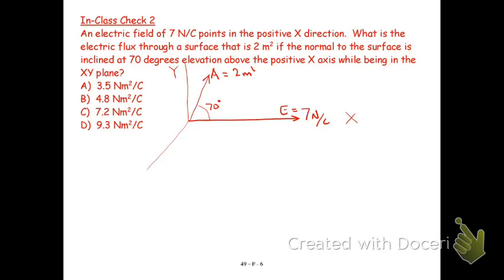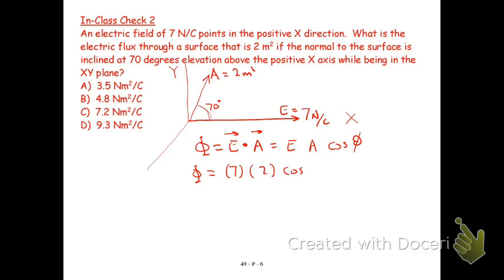So, okay, we say flux is equal to E dotted with A, which equals E times A times the cosine of the angle between. So flux is equal to E was 7, times A is 2, times the cosine of the angle between, so cosine 70.